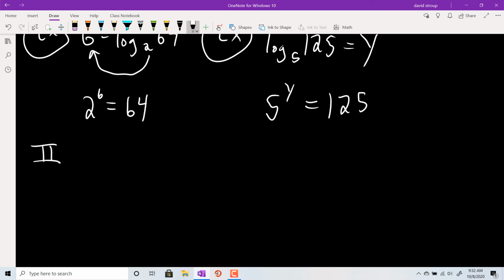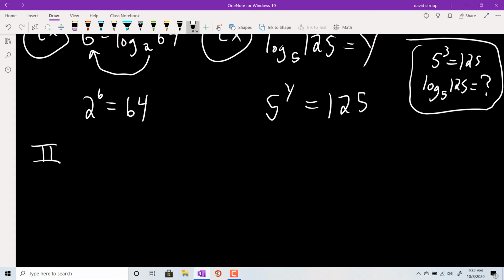Okay, just like you would evaluate, like what is 5 cubed, right? We know that it's 125. Now we want to say what is log base 5 of 125 and figure that out. Okay, so that's kind of the game we're going to be playing here. Evaluating logs.